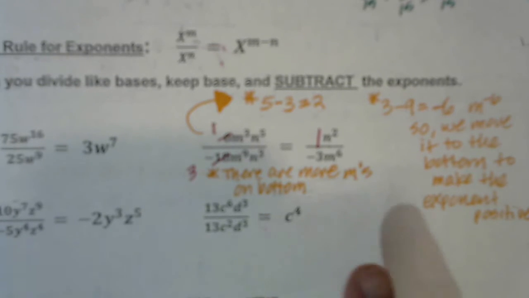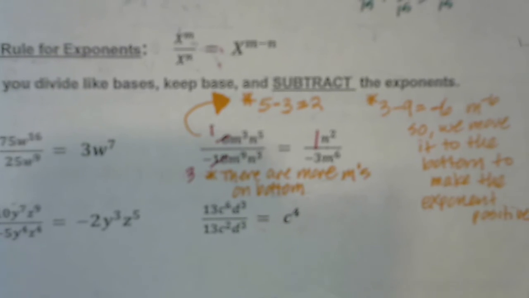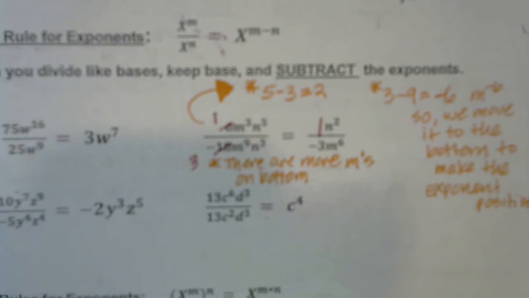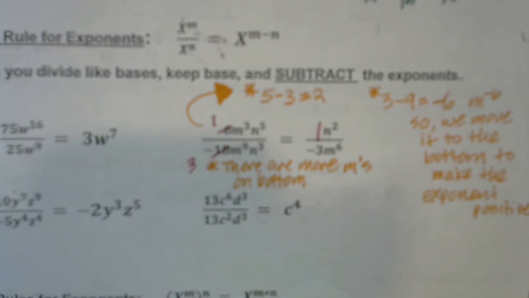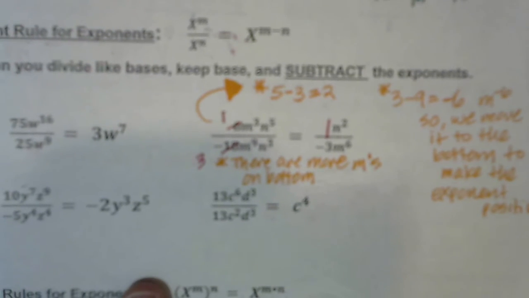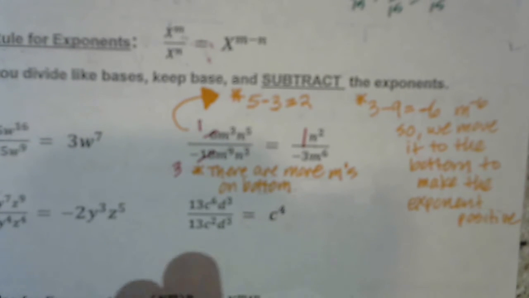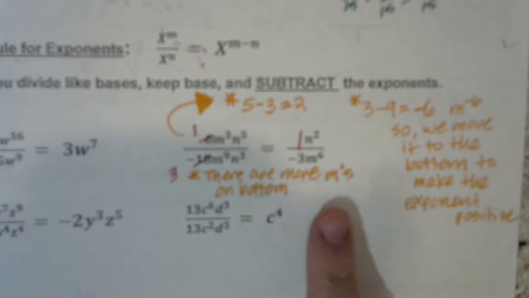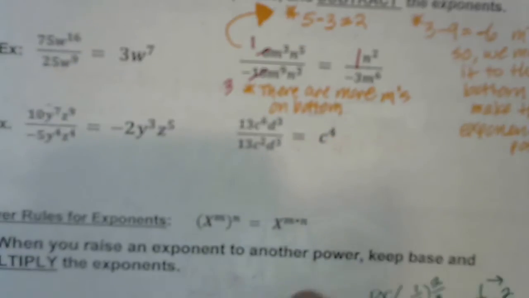So I hope you understand this whole objective of canceling and putting the remaining variables wherever the larger exponent is. Look through some of these examples and make sure you understand. I'm going to come back to this after I talk about negative exponents again.